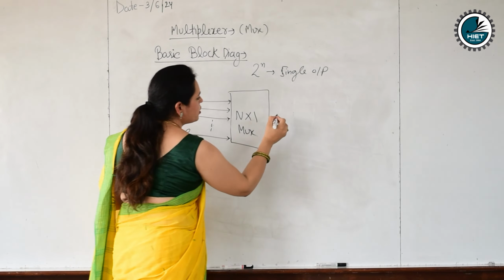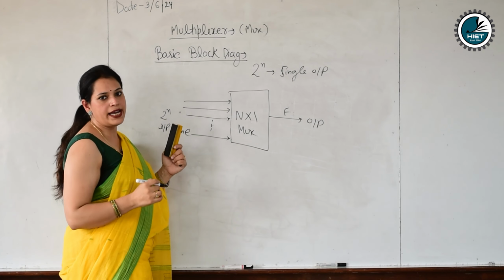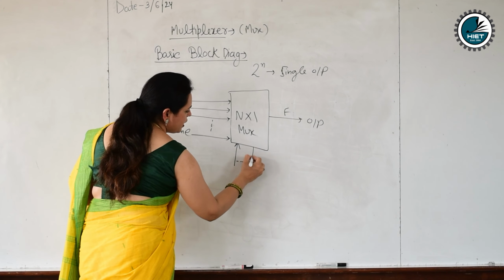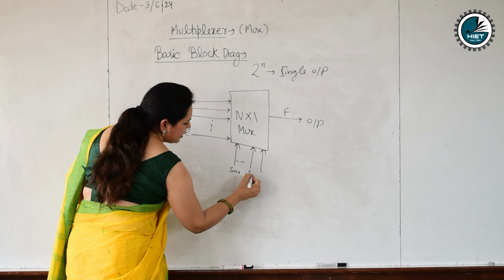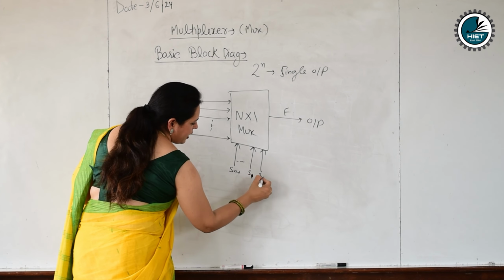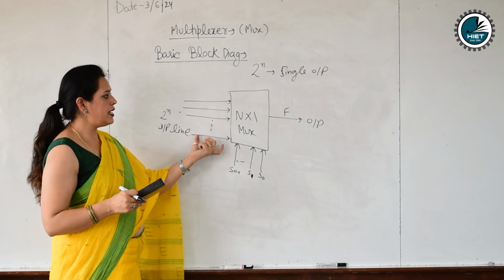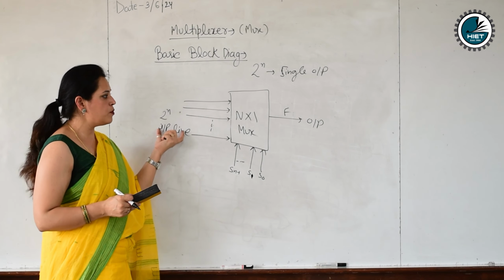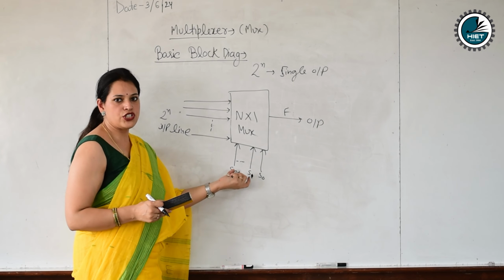And how many outputs? This is a single output, denoted by F, and it depends upon the selection lines. These are S(n-1) up to S1 and S0. So this is the basic block diagram of the multiplexer. We have 2 to the power n input lines and a single output line depending upon the selection lines.